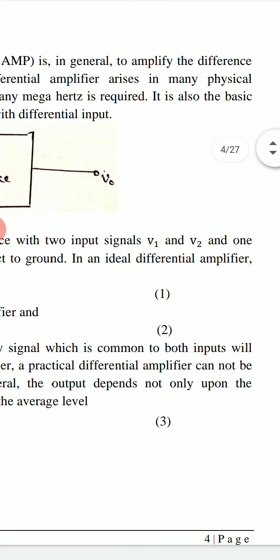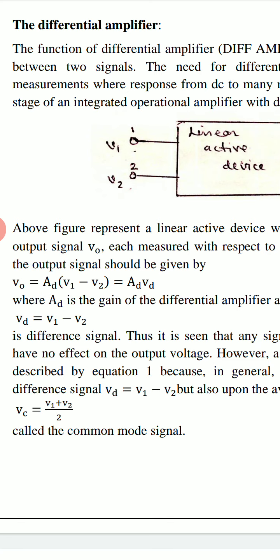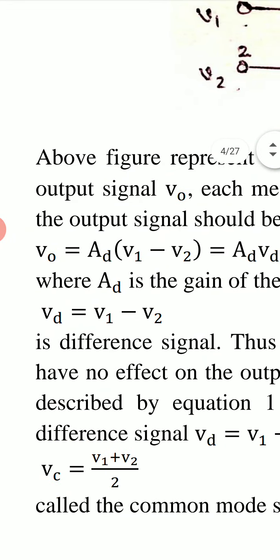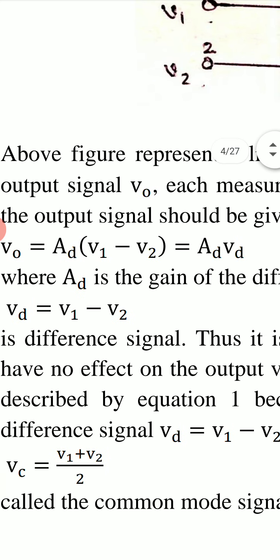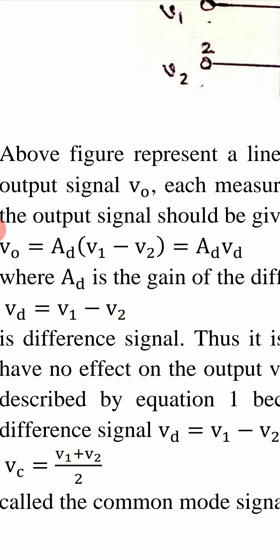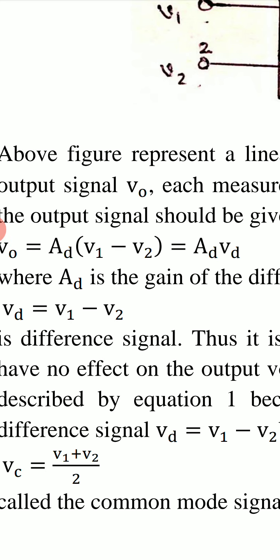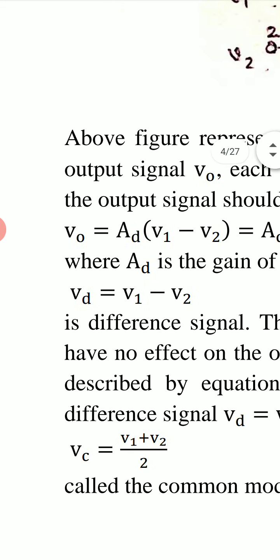In an ideal differential amplifier, the output signal should be given by VO equal to AD into V1 minus V2. V1 minus V2 we write as VD, the difference signal, the difference of V1 and V2. VD equal to V1 minus V2.